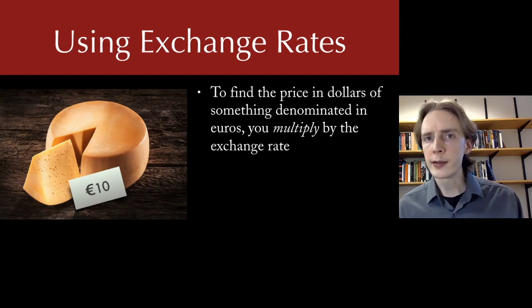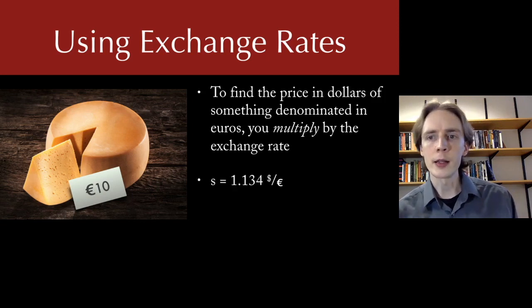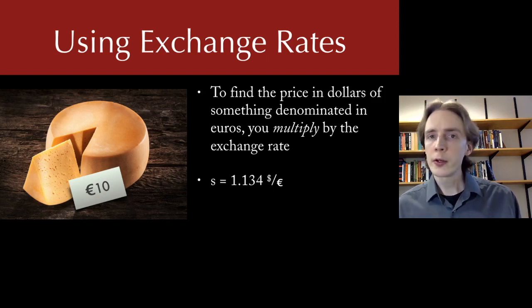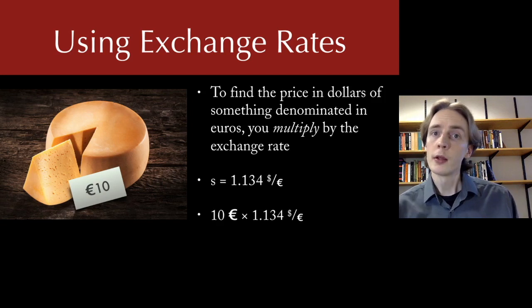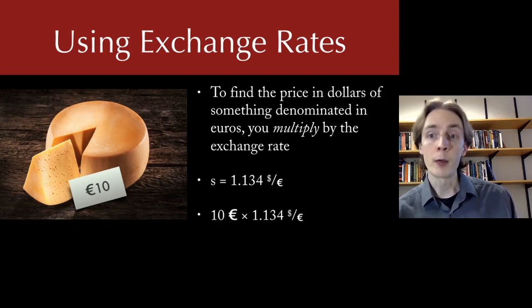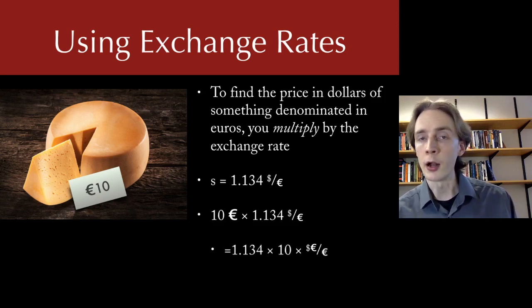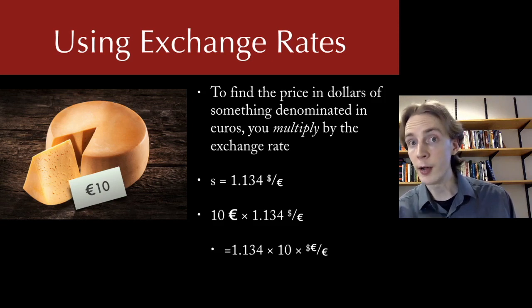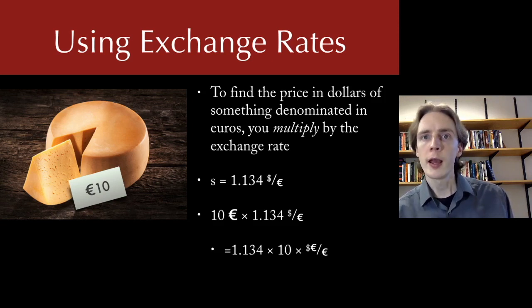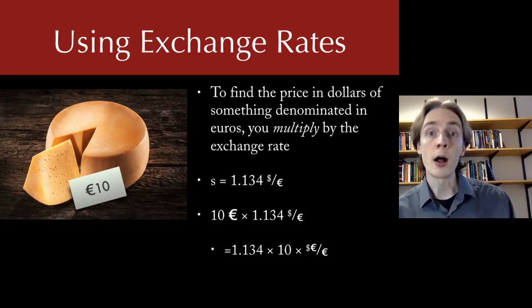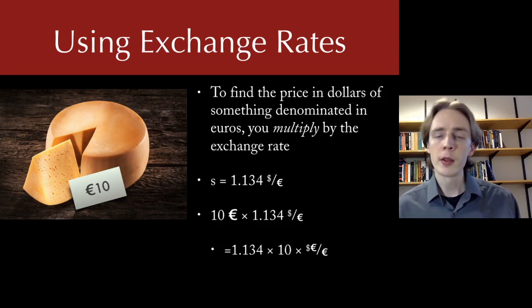If this wheel of cheese is 10 euros and the exchange rate is $1.13 per euro, you're going to multiply 10 euros, the price, by $1.13 per euro, the exchange rate, and that's going to give you $11.34. Note that the euro units cancel out because it's in the denominator in the exchange rate, and then the unit left over is dollars, and you get a dollar price.